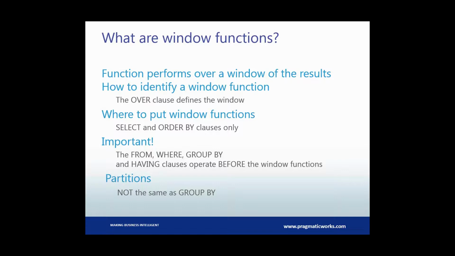If I group by customer ID and get a sum of total due, I'm going to get back one row for each customer along with that total due. I'm not going to get the details. With window functions and partitioning, I'm going to get those details back along with my calculation.